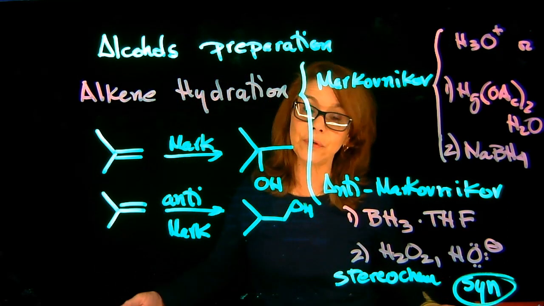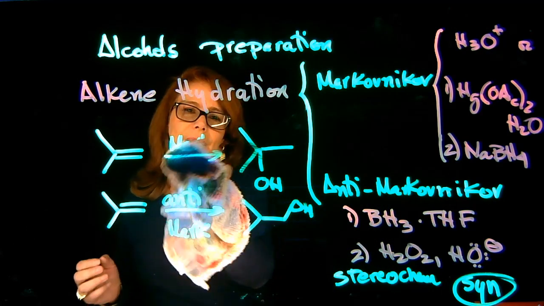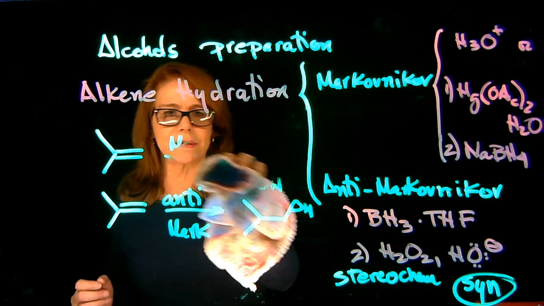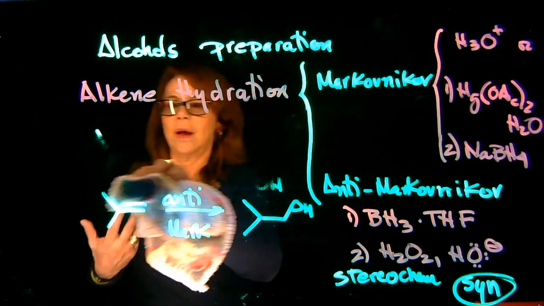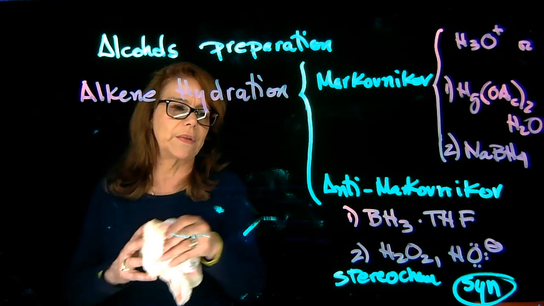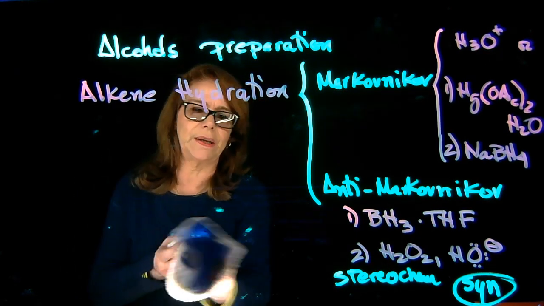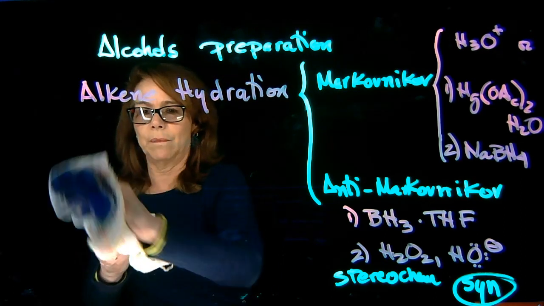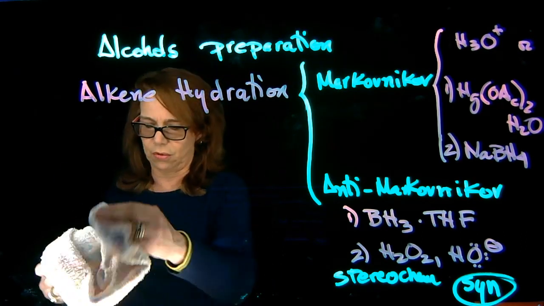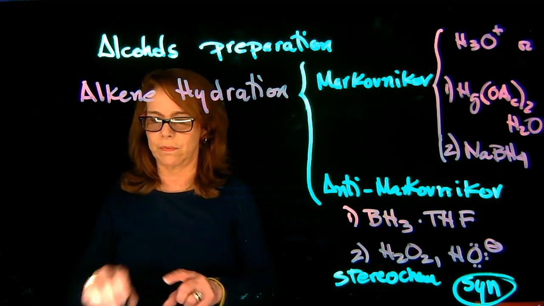I'm going to give you an example of that. If you were asked, for example, to predict products, let's throw in a particular molecule with that case. Again, use those reagents to obtain the anti-Markovnikov alcohol.